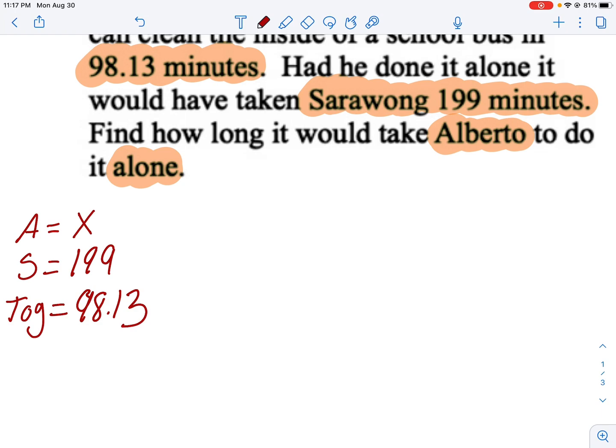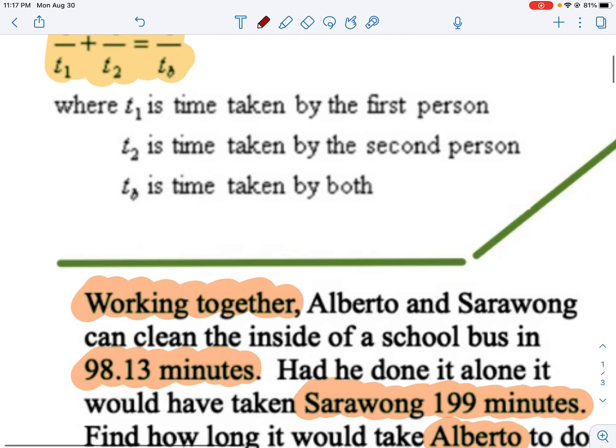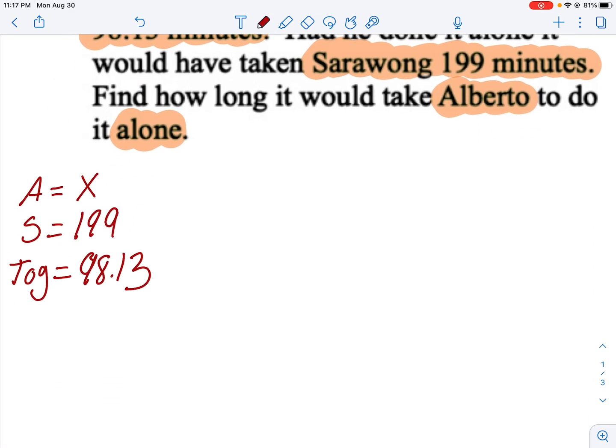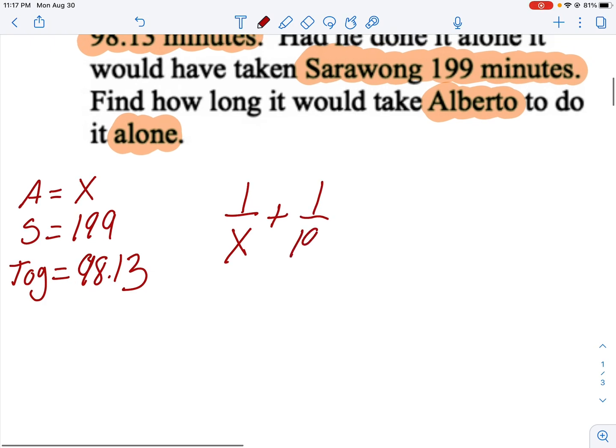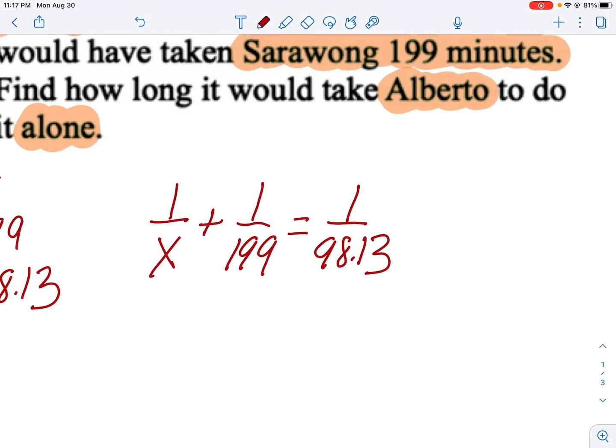Now we use 1 over T1 plus 1 over T2 equals 1 over T3. So 1 over T1 is Alberto, which is x, plus 1 over 199 for Sarah Wong, equals 1 over 98.13, the time together.